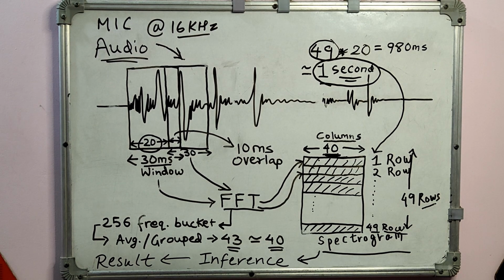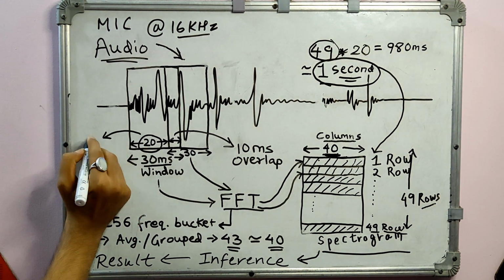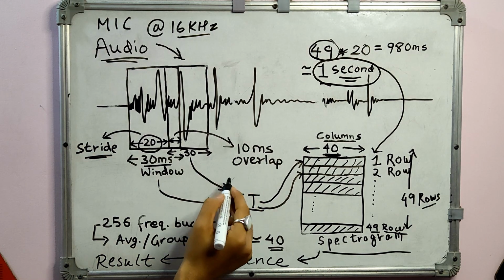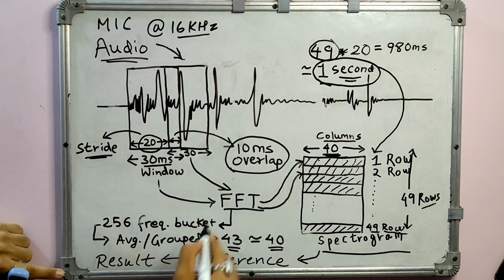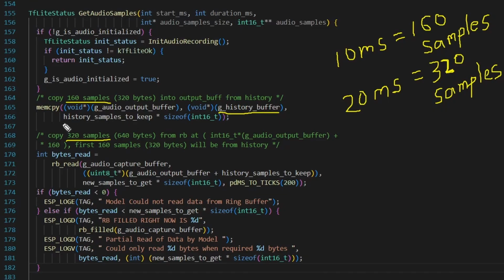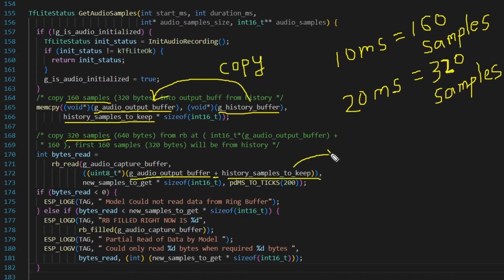Now, remember our total window is 30 milliseconds and we have a stride of 20 milliseconds. So each new window overlaps the previous one by 10 milliseconds. Because of this overlap, the first 10 milliseconds of the new output buffer is copied from a history buffer, and this is the overlapping part. The remaining 20 milliseconds is fresh audio data, which is read from the audio capture buffer.